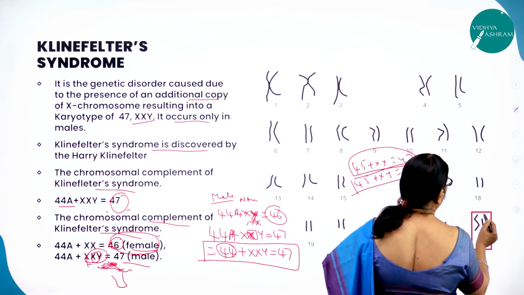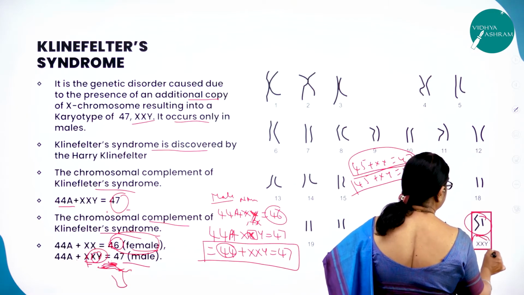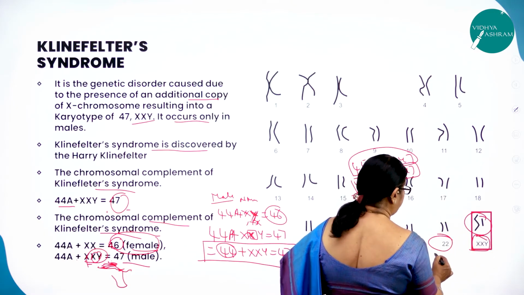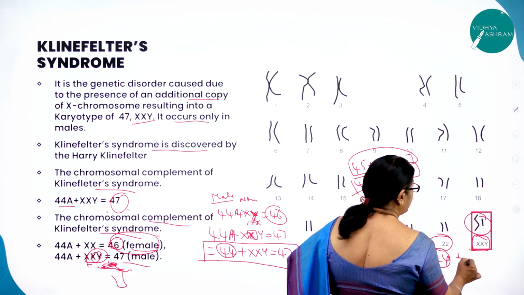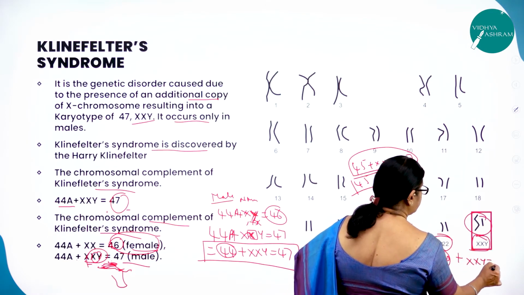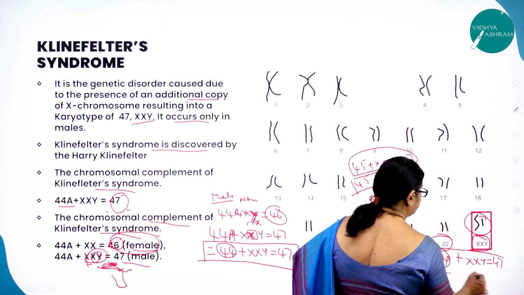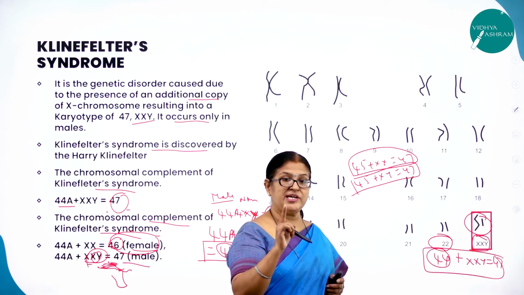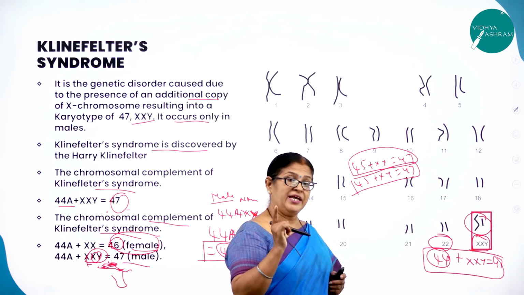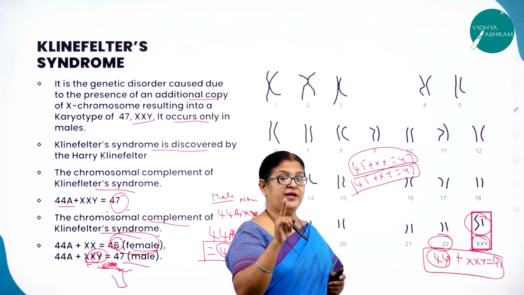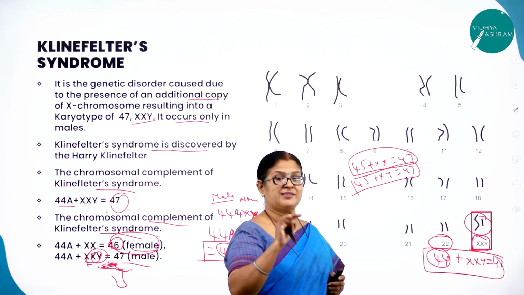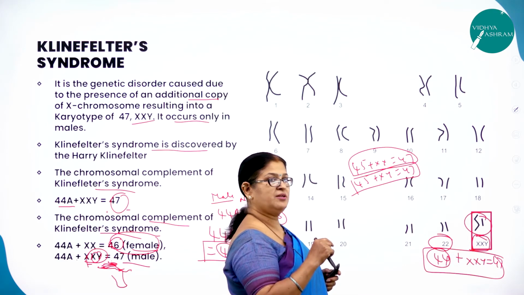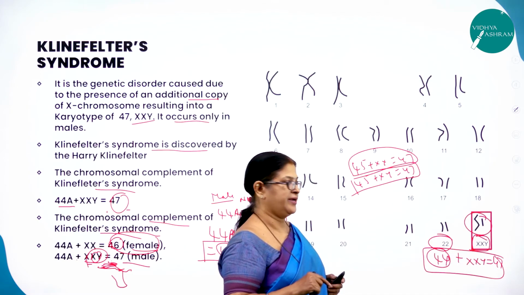But here one more X is added to an allosome. 44 is common plus XXY is equal to 47. So there is no change in the autosome, but the change is only in the allosome. In male, instead of one pair, 3 chromosomes are there, X, X and Y. That is the reason why it is 47, right?